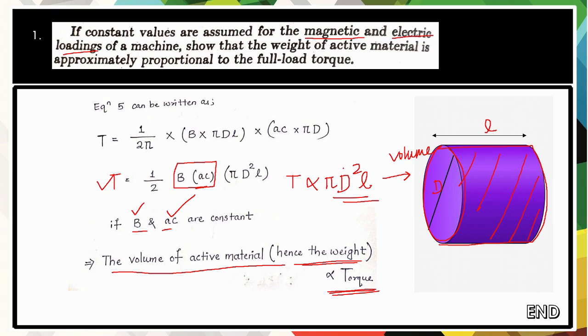This is what we had to prove, that torque is proportional to weight. So we have proved that torque is proportional to volume, and hence volume is proportional to weight. So torque is proportional to weight.